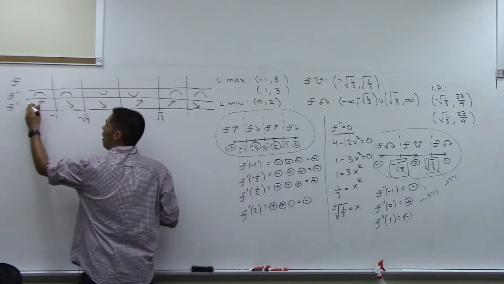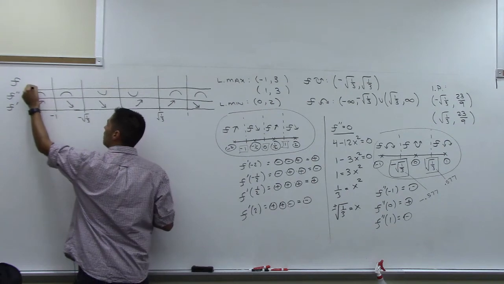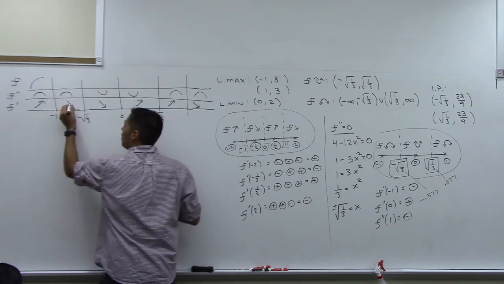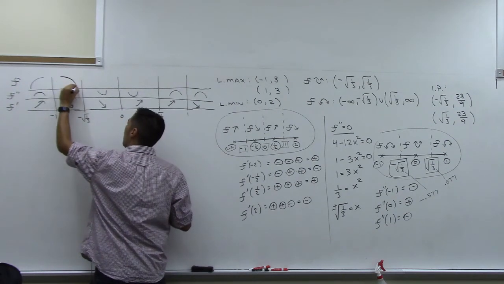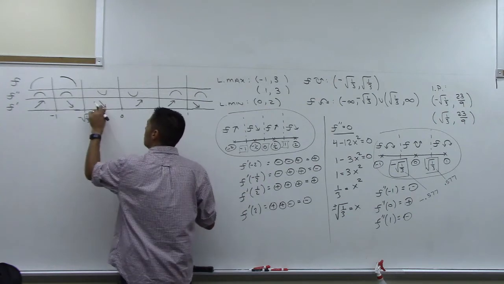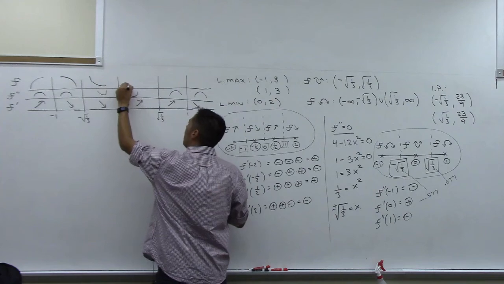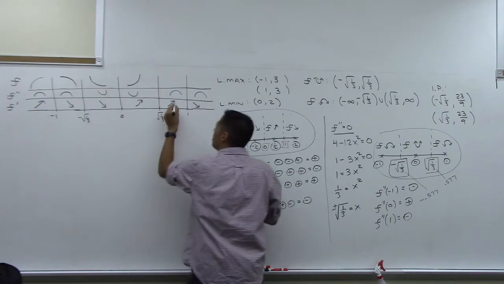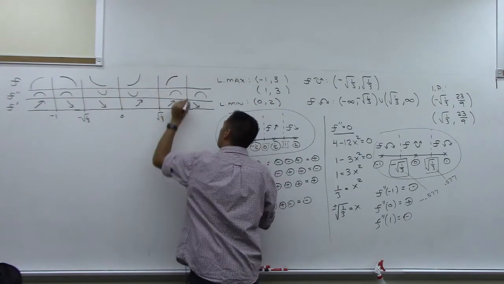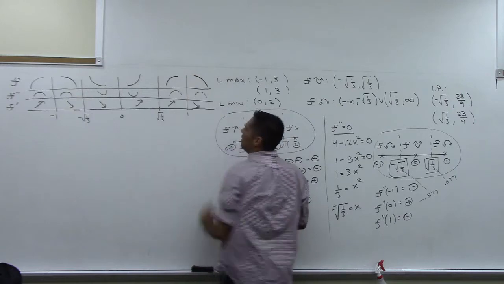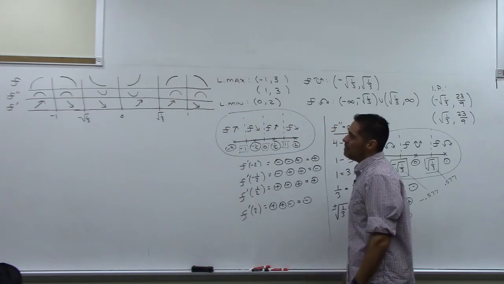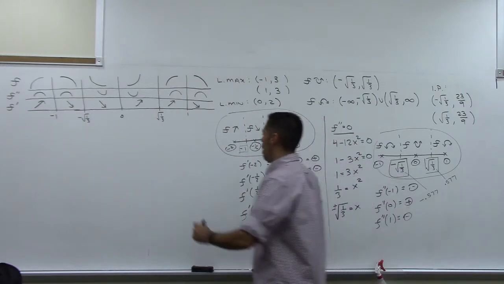The only way to go up a frown is to go up the left side. To go down a frown is the right side. To go down the smile is the left side. To go up the smile is the right side. So those are my pieces of my graph. That's what they'll look like.